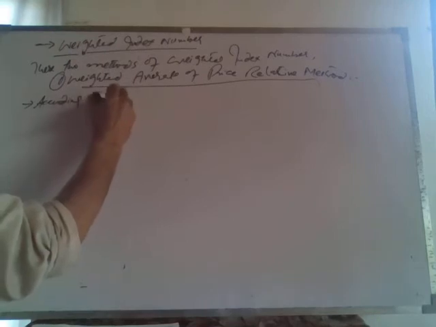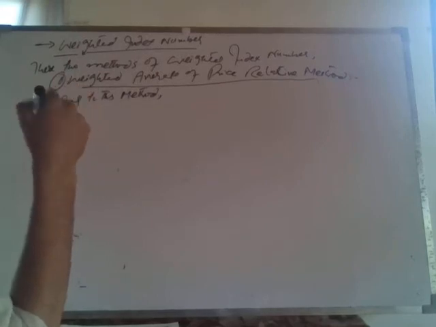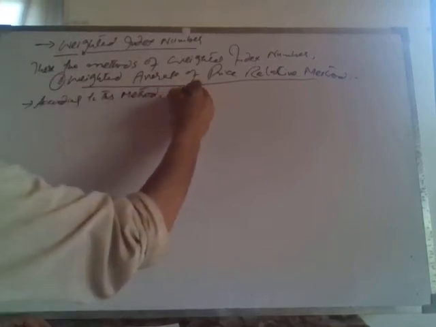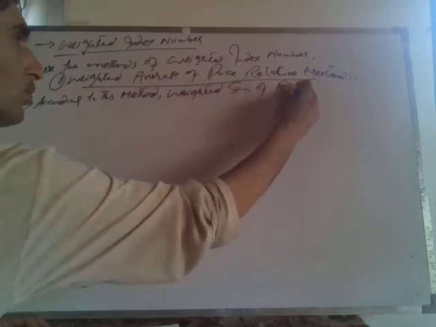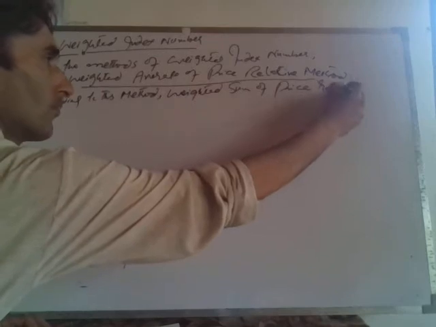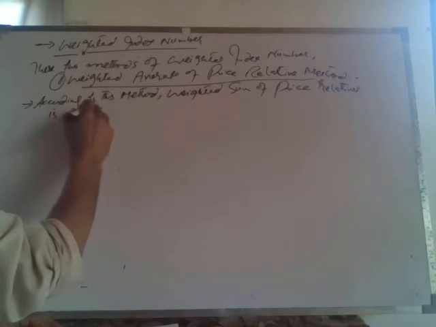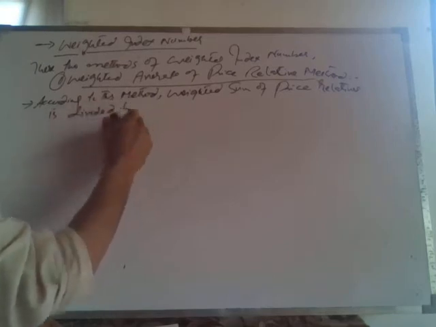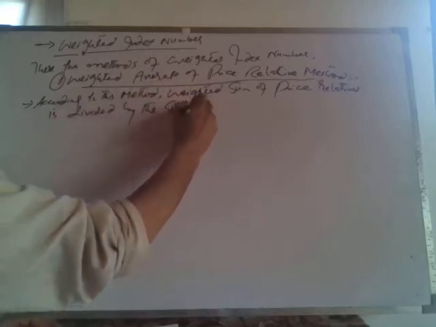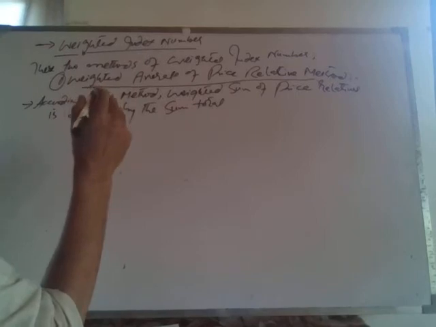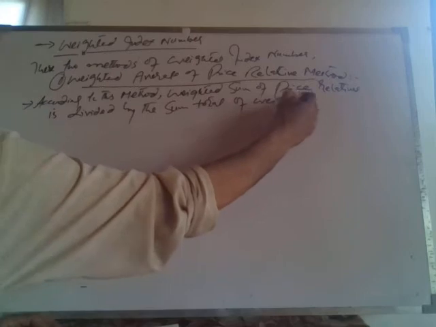According to this method, the weighted sum of price relatives is divided by the sum total of weights.